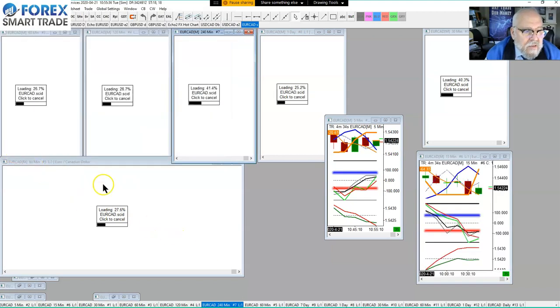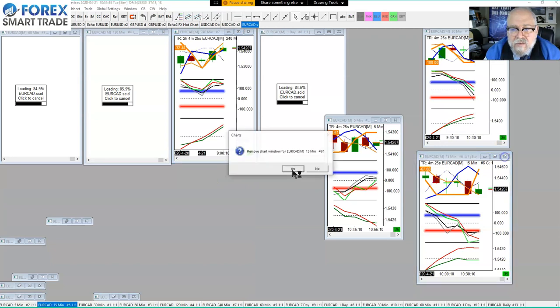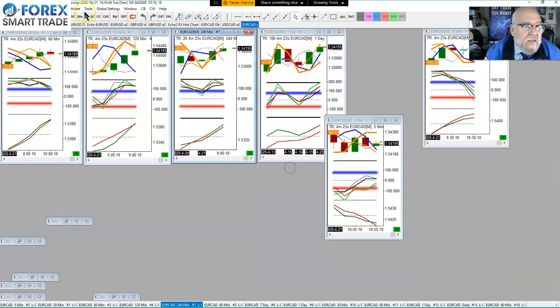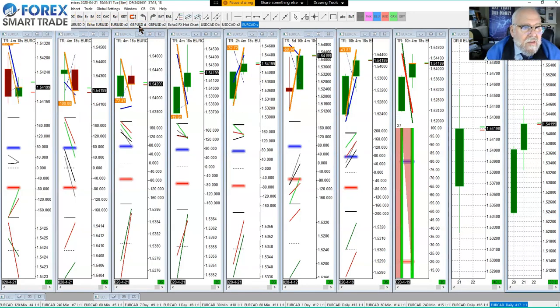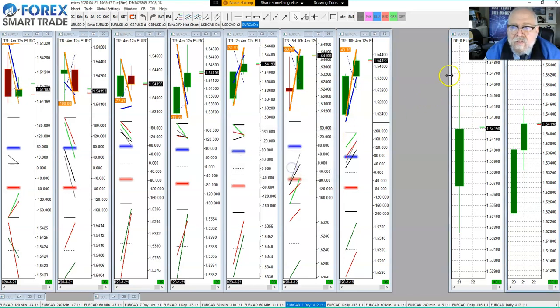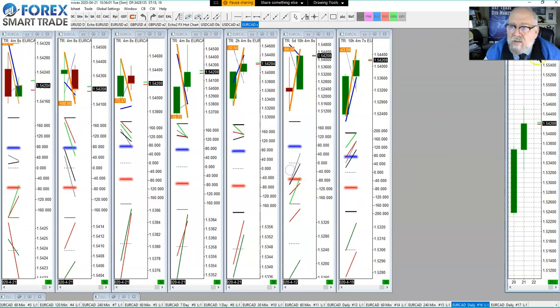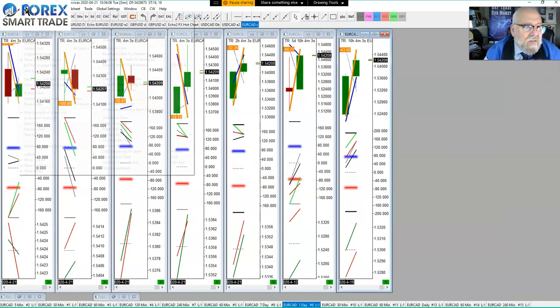Okay. See if we can find one more here. Minimize this guy. I don't like the 15, so we'll get rid of this guy. And then we'll reorganize them. Tile vertically. Oh, it's got all these guys on here. I don't want that. We don't need this. Chart.